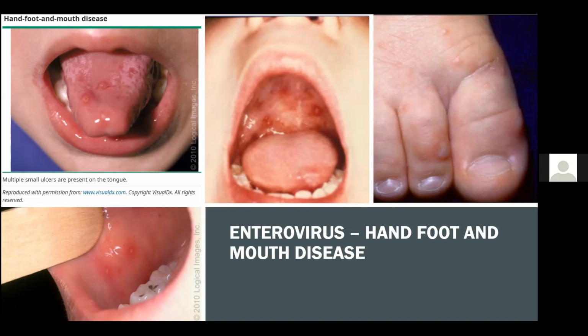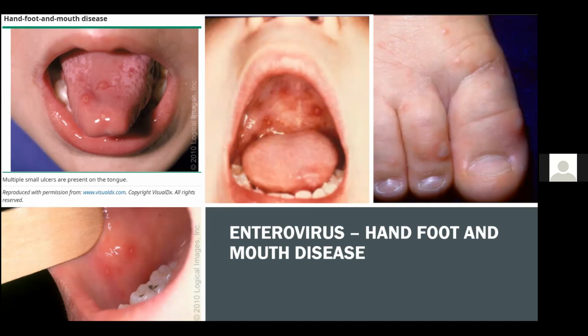And hand, foot, and mouth disease presents with mouth or throat pain, and the child will often refuse to eat. If present, the fever is generally low grade, and the oral lesions may actually occur in isolation, and they can begin as macules, progress to vesicles, and then rupture to form superficial ulcers. The oral lesions are very, very painful, and that's why they can interfere with oral intake.